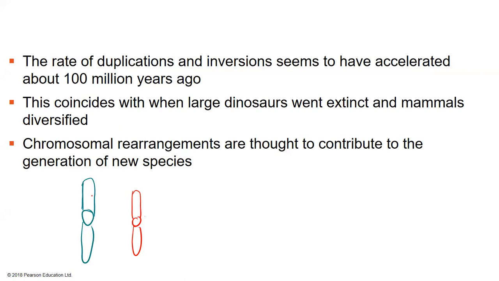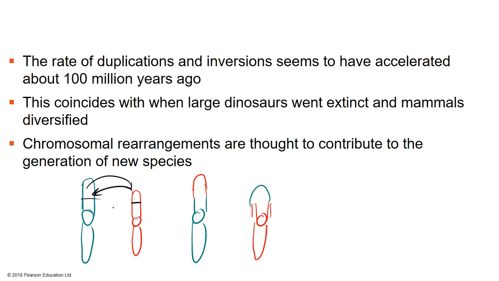Sometimes what will happen is that these two chromosomes will exchange some segments like this. So this region of the chromosome jumps to this region, and this region of the chromosome jumps to the other region. So this is called translocation.